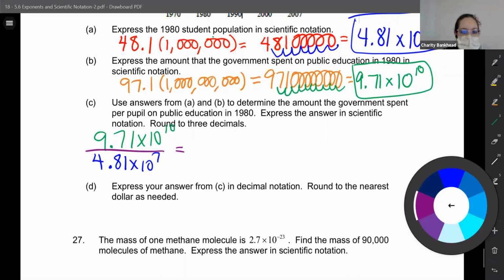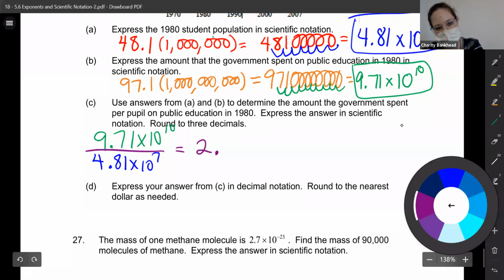9 point. You said I was a rule breaker now, didn't you? Round to 3 decimals, so 2.019. And then 10 minus 7 is 3, so times 10 to the 3rd.